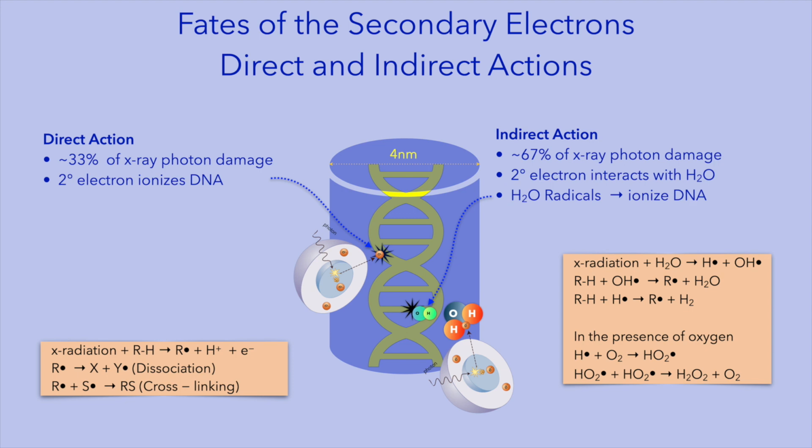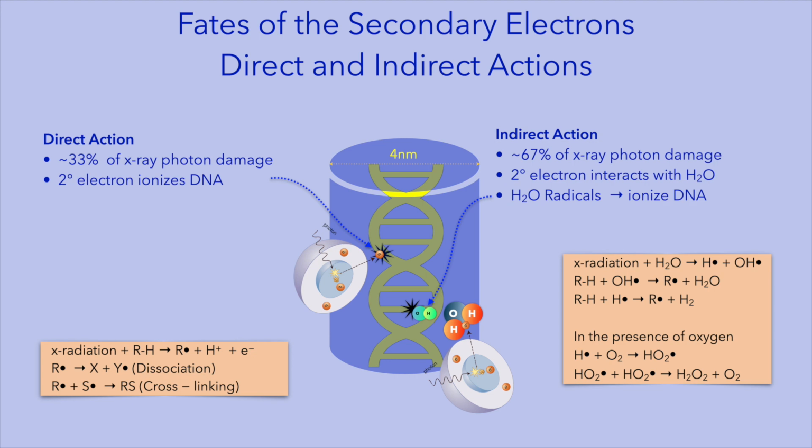Approximately one-third of the DNA damage occurs because of direct action, where the ejected electrons directly ionize the DNA to form unstable free radicals. These free radicals quickly reform into stable configurations by dissociation or cross-linking. In contrast, in indirect action, the ejected electrons interact with water to form unstable water radicals, which subsequently ionize DNA.